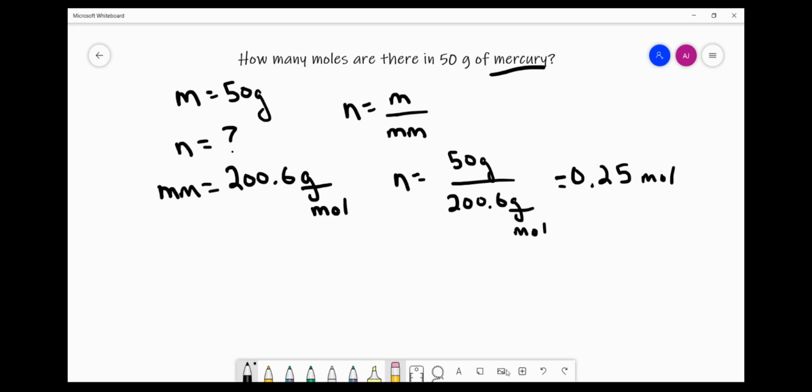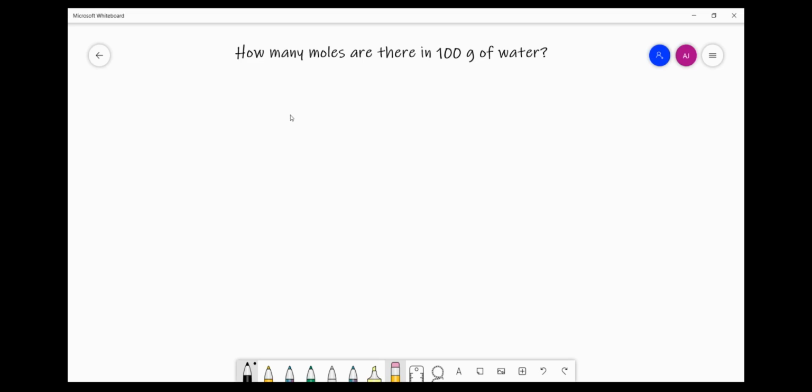Let's look at another example. Let's now look at finding the moles of a compound. In this question, I'm given a mass of 100 grams, and the substance I'm talking about is water, H2O. To calculate the molar mass of a compound, we sum the molar masses of all of the atoms which make up that compound.